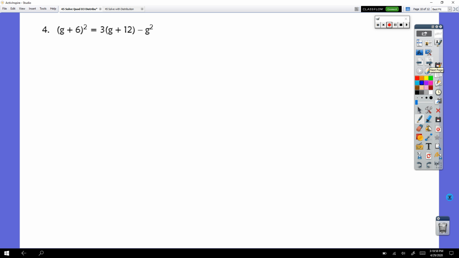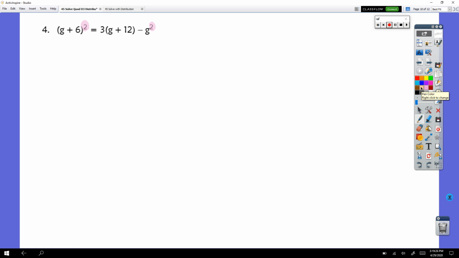For problem 4, I see squares, so I know that I'm going to be getting rid of parentheses and setting things equal to 0. And I want you to pay attention to the way the bases on these 2 squares look. So on the left, there's parentheses g plus 6, and then the squared, and on the right, there's a g squared.